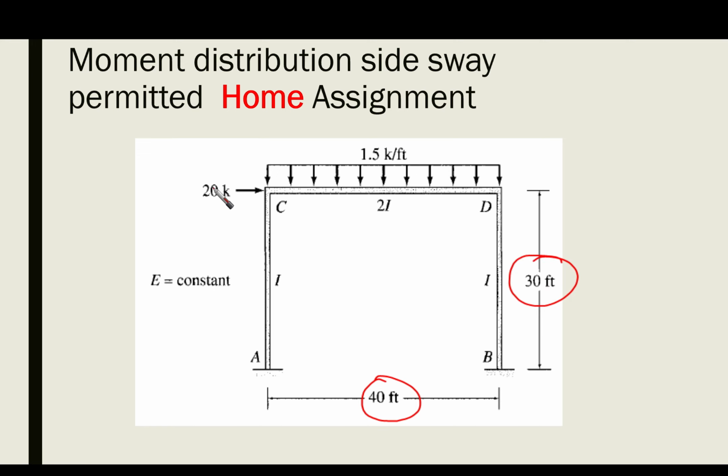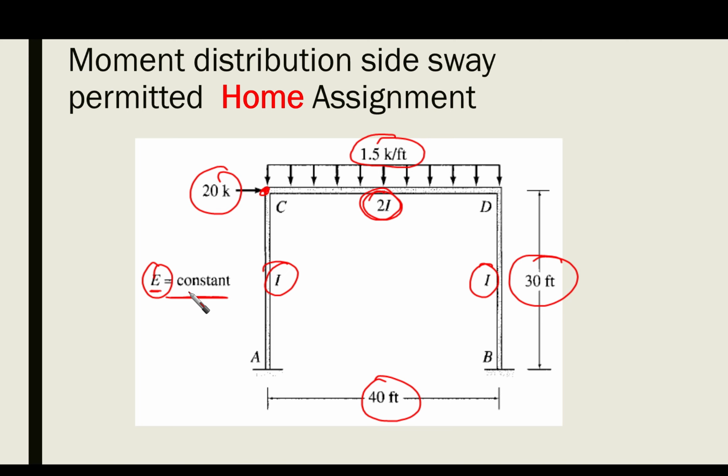The loads applied are a concentrated load of 20K at point C and a distributed load of 1.5K per foot along the span CD. The inertia is different: for the columns it is I, for the beams it is 2I. And Young's modulus is constant for the entire frame.